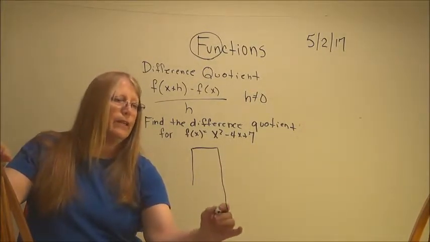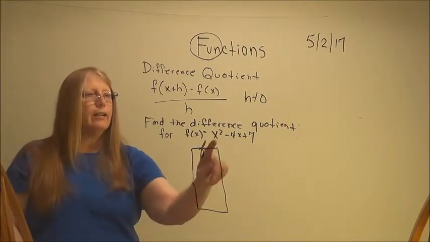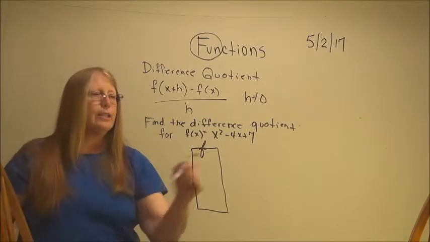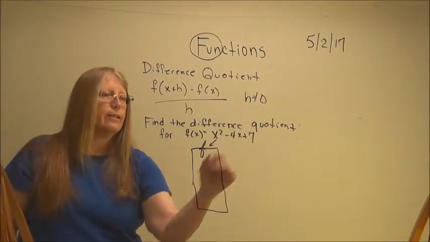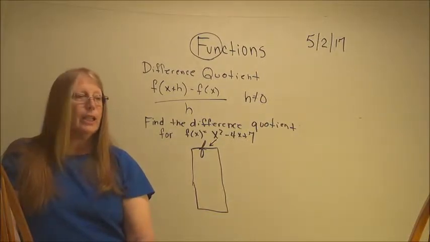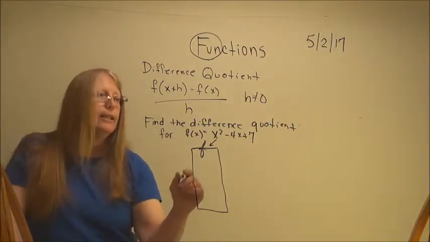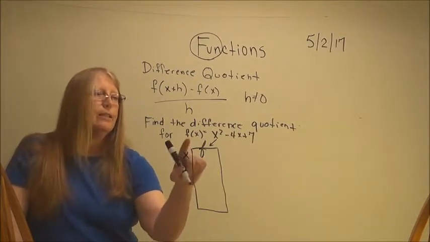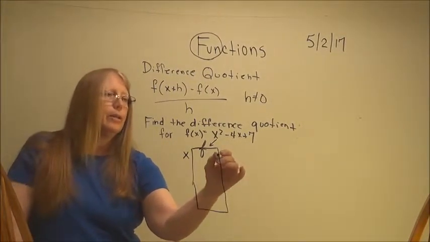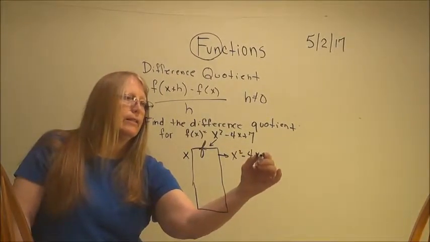Suppose we have a function. We'll call it this function right here. So this function is f, so that's the f machine. We're going to put some values in the machine and see what comes out. If I put x into this machine, what comes out is x squared minus 4x plus 7.